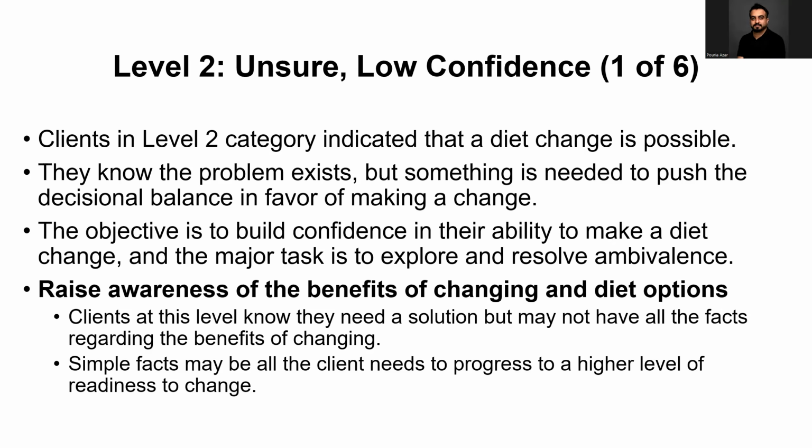They know the problem exists, but something is needed to push the decisional balance in favor of making a change. The goal here is to build confidence in their ability to make a diet change. We are emphasizing self-efficacy here. The major task is to explore and resolve ambivalence.